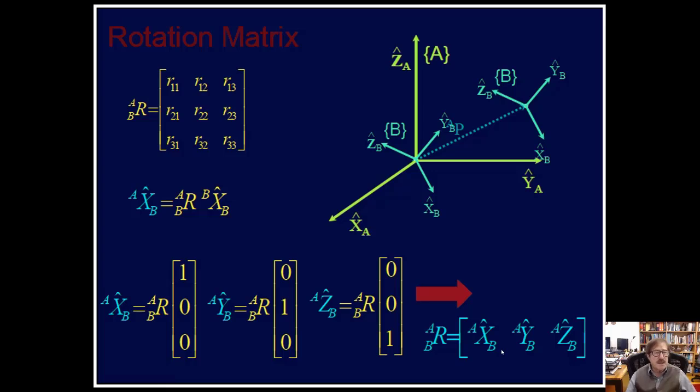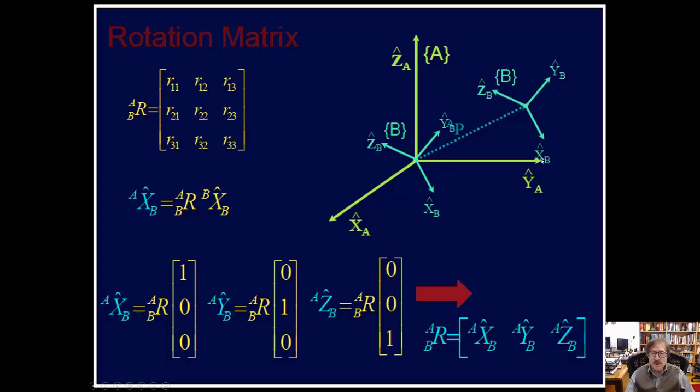The rotation matrix, as you remember, is a 3 by 3 matrix, 3 rows and 3 columns. And in this case, we are showing the B frame with respect to the A frame.